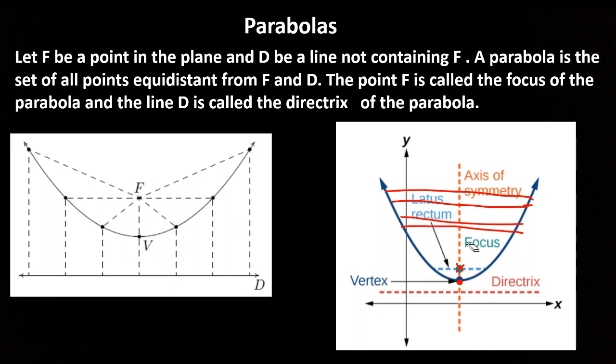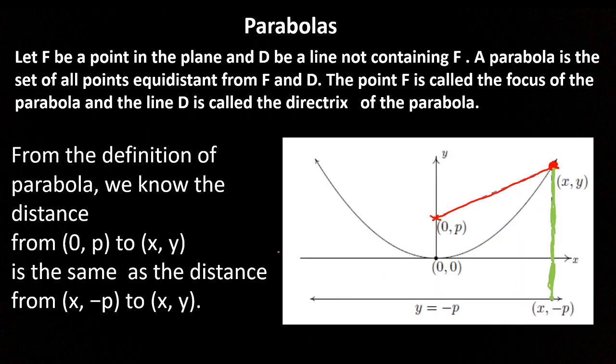There is one diameter that goes through the focus, and that diameter is called focal. That length is called the focal diameter. And that has a name: latus rectum. That's what it's called. But the length of it is called the focal diameter.